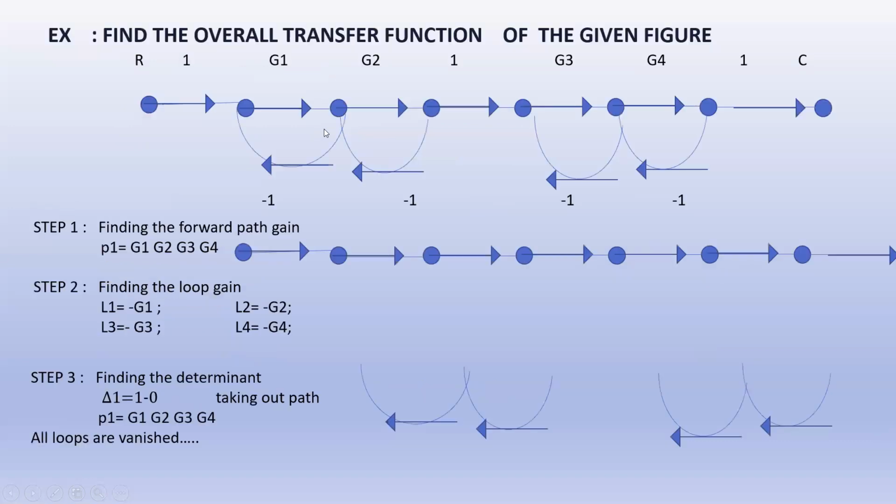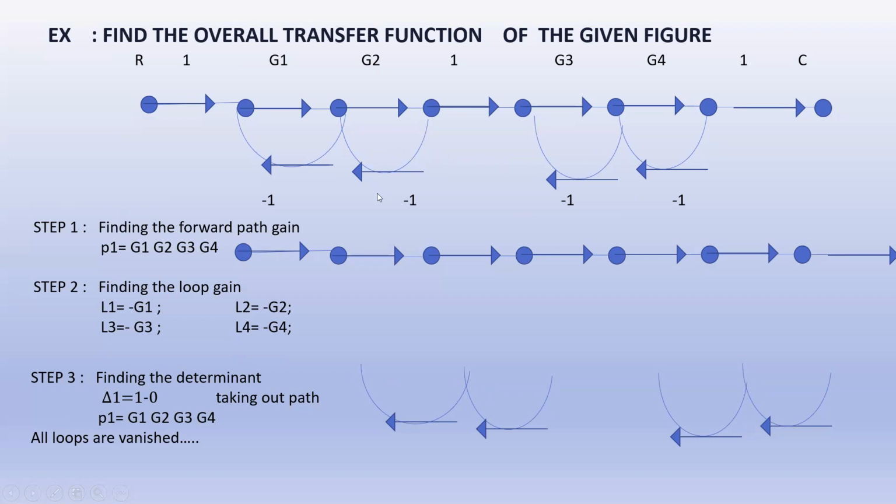We have 4 individual loops with loop gains L1, L2, L3 and L4, and we have two pairs of non-touching loops: loops 1 and 4 are non-touching, and loops 2 and 3 are non-touching.